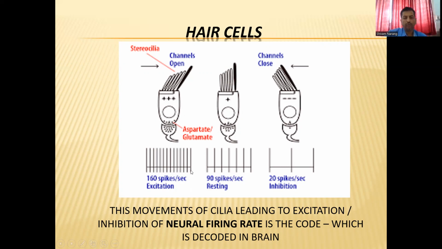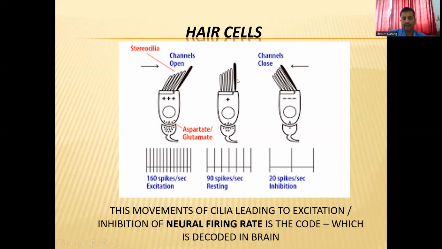This movement of the cilia is judged by the central nervous system as excitation or inhibition. So the direction of movement of the cilia decides whether this is an excitation or an inhibition.